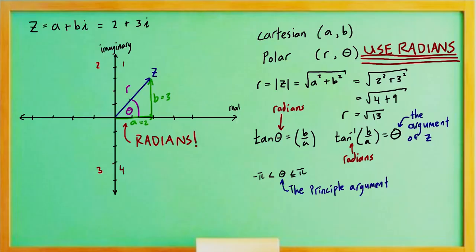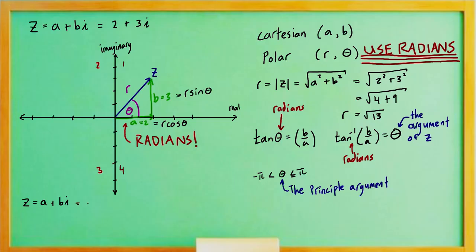Okay, so now what we want to do is actually write the complex number in polar form. If we start with the form z is equal to a plus bi, we can convert this from a's and b's to r's and thetas. So if we look down here, a is equal to r cos theta, and b is equal to r sine theta.